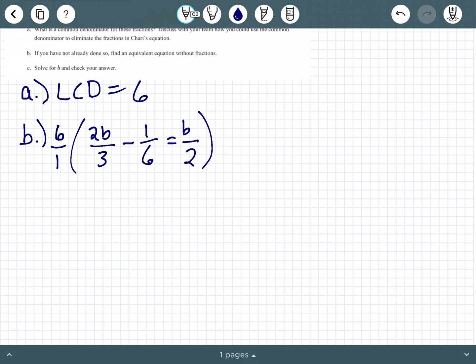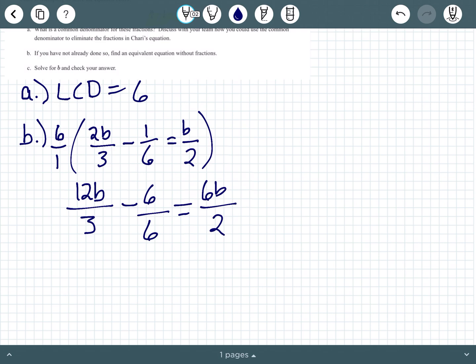So 6 times 2b would give me 12b. 1 times 3 would give me 3, minus 6 times 1 would give me 6. And 1 times 6 would give me 6. And that is equal to 6 times b is 6b, and 1 times 2 is 2. So we still have fractions here.